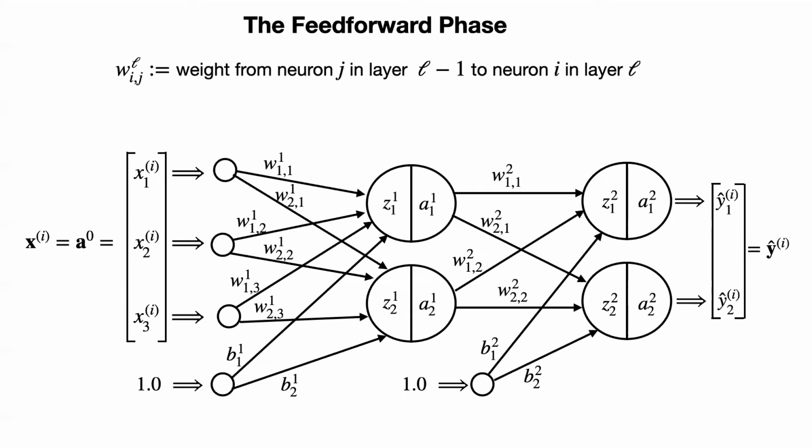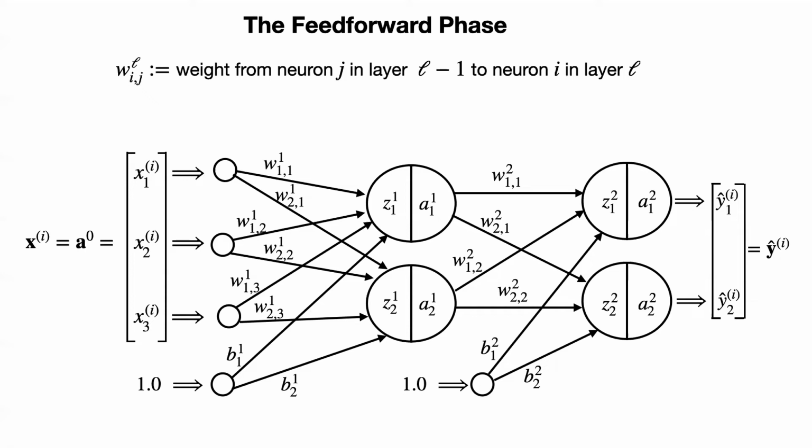Now, how do we denote the weights? Weight at layer L subscript ij. That reads to me the weight at layer L to node I from node J. So the first index is where you're going, and the second index is where you came from.